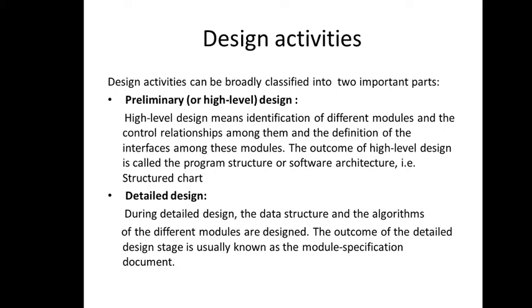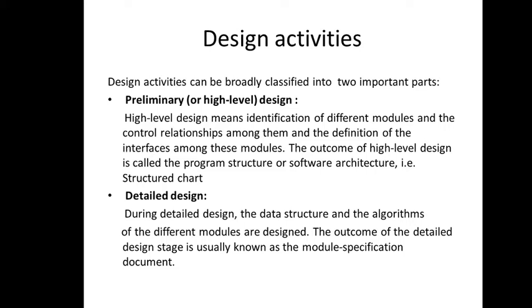High-level design means identification of the modules and the control relationship between them, right? What are the input and the output formats required? We prepare data flow diagram and structure chart during this phase. Detailed designing is identifying the details of whatever we have identified earlier; the data structures as well as the algorithm need to be prepared here.